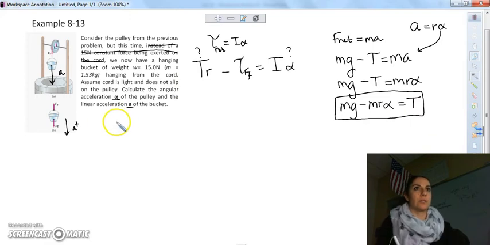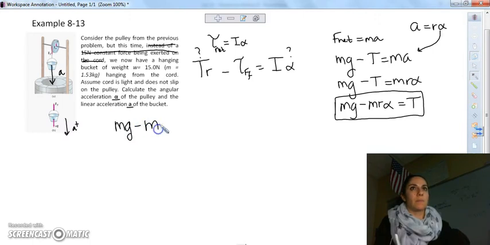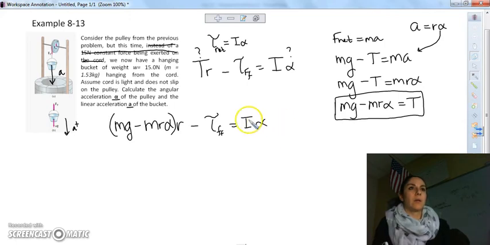So actually I'll start over here since this will be a little long. So tension is now mg minus mR alpha, that's T. We still need to multiply it all by R, minus the frictional torque equals I alpha, like that. So we're almost done. I just want to get the alphas together.